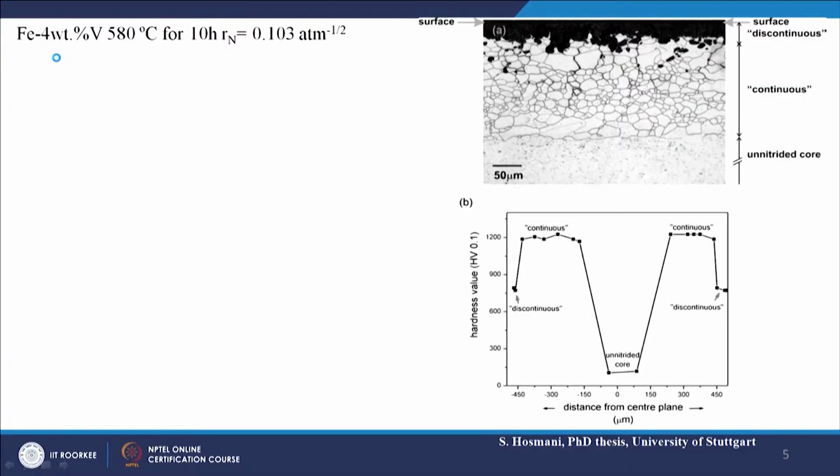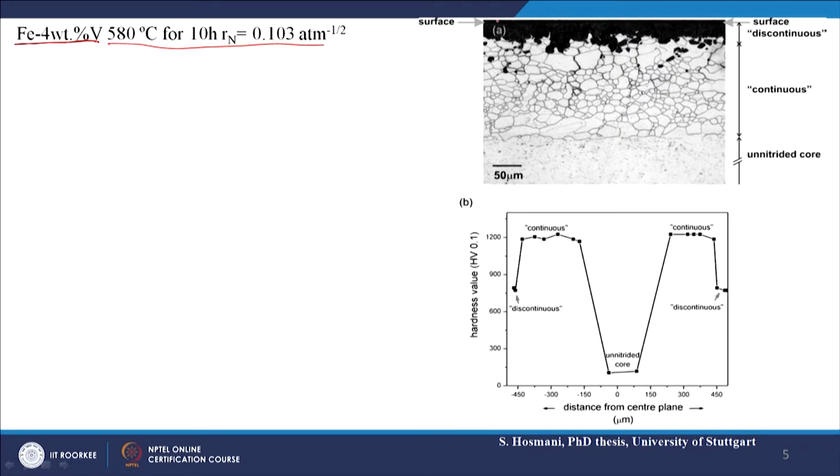Now, if we move on to the same thing, we were showing iron chromium; now we are switching to a different element, iron vanadium. Again the temperature, the time and the nitriding potential applied in these samples are shown here.